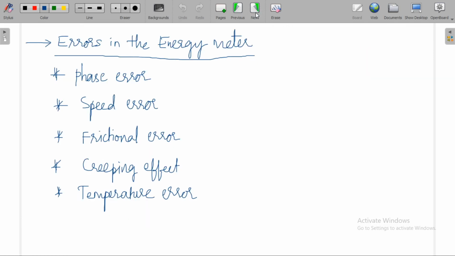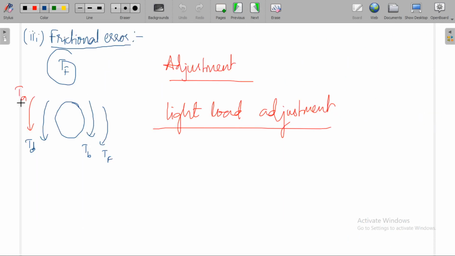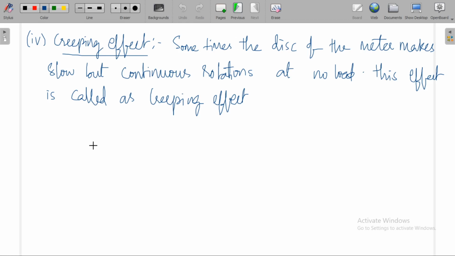The disc will give slow but continuous rotations. Creeping effect is due to overcompensation for friction.